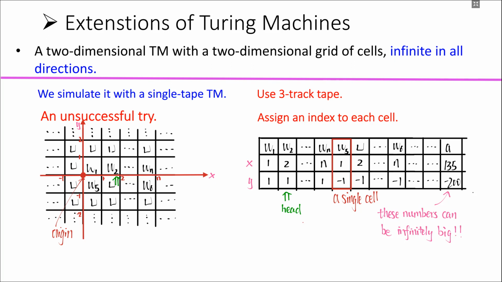But representing this on a single tape is not as simple as you may think. These indices are not bounded, so we cannot store them in a single cell using a decimal number. In other words, this solution is wrong.